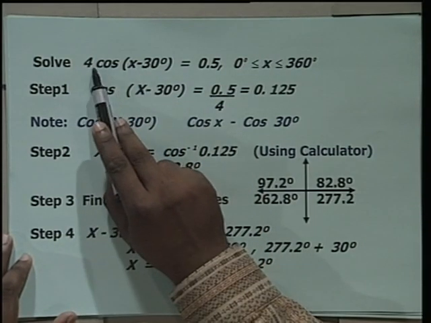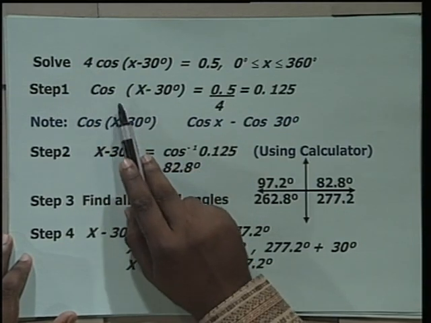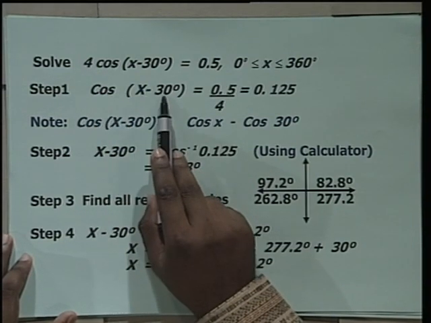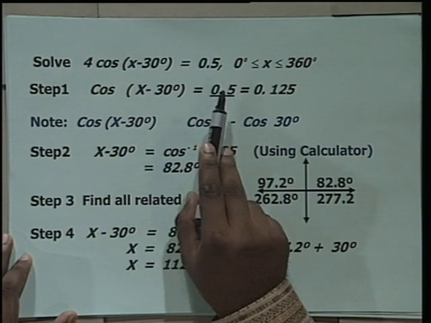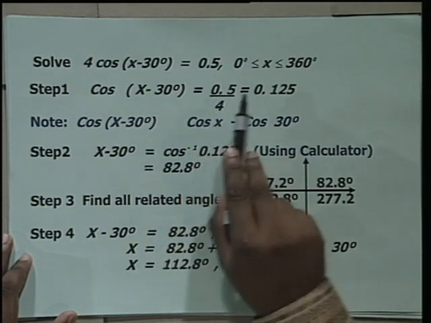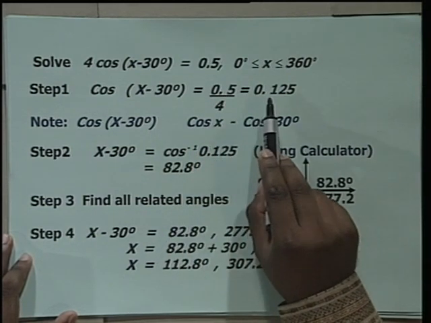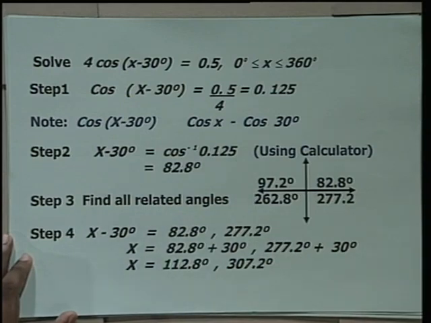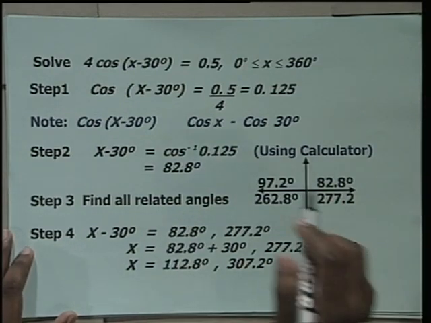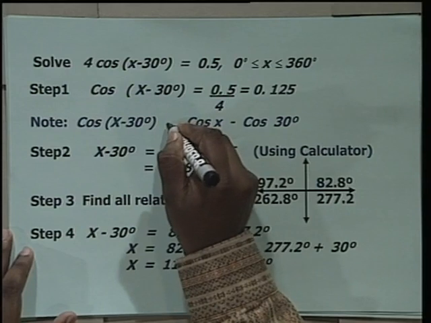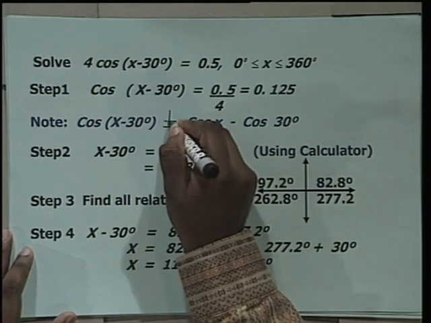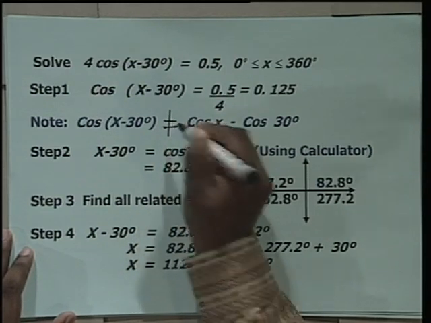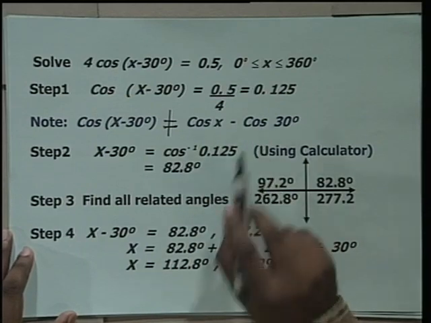The first step would be to divide by 4, so that we obtain cos(x minus 30) is equal to 0.5 divided by 4, which gives us 0.125. Before we continue, note that cos(x minus 30) is not equal to cos x minus cos 30.